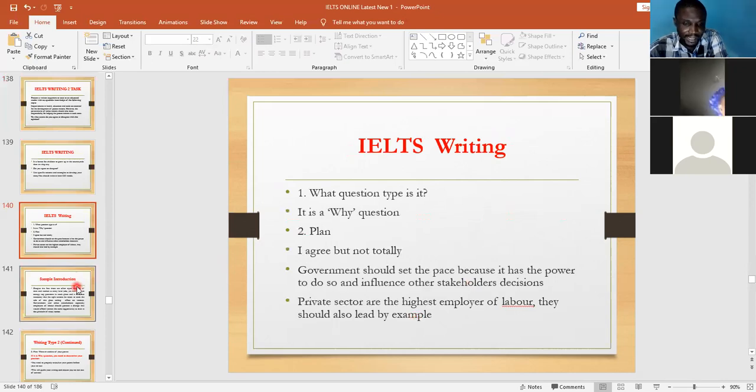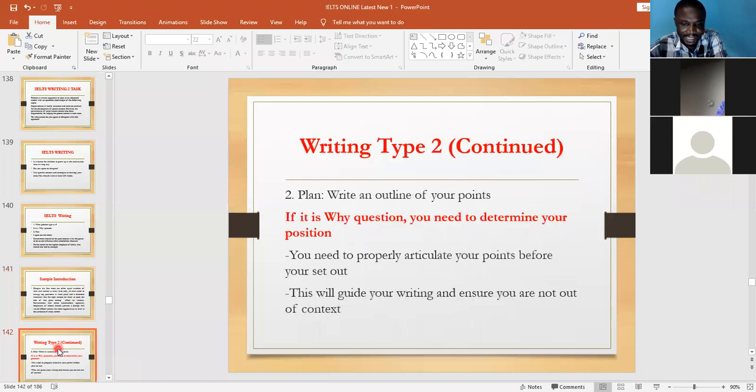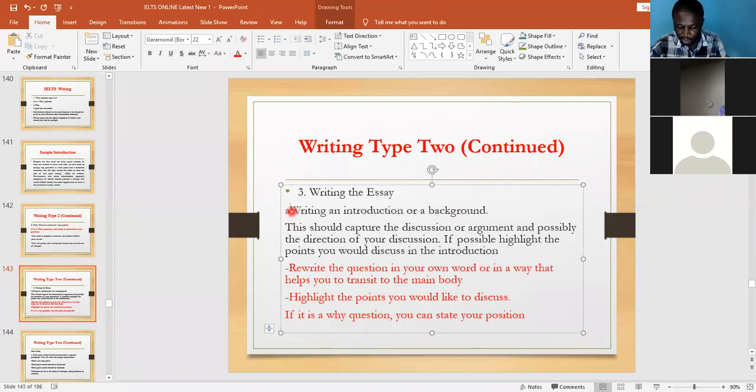Then I wrote an introduction, because after planning, the next thing you will do is write an essay. The first thing in the essay, let me label this as A, is to write an introduction or a background.